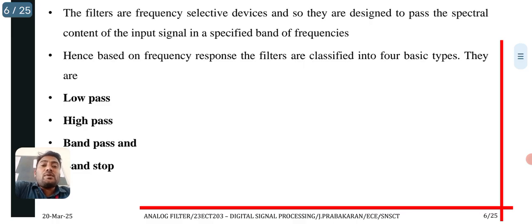In high pass filter, the allowable frequency is high, and the blocked frequency, which is called the stop band frequency, is low. When we consider a low pass filter, the stop band frequency is high.